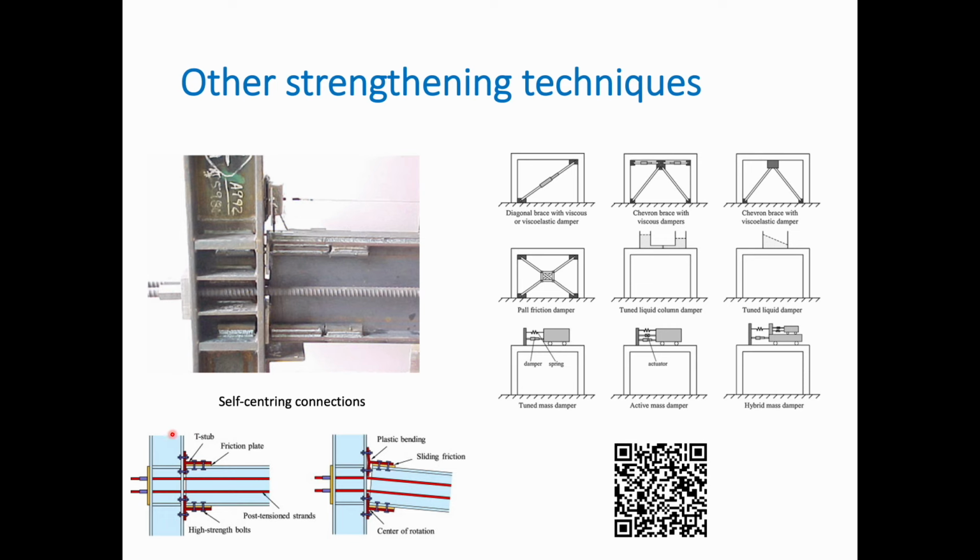And that kind of component here can be used as a fuse. There are self-centering connections that allow the opening and closing of the beams, and they come back to their initial state. And of course, different types of bracings and many other passive as well as semi-active and active systems that we use in steel structures to mitigate the inelastic drifts of the frames.